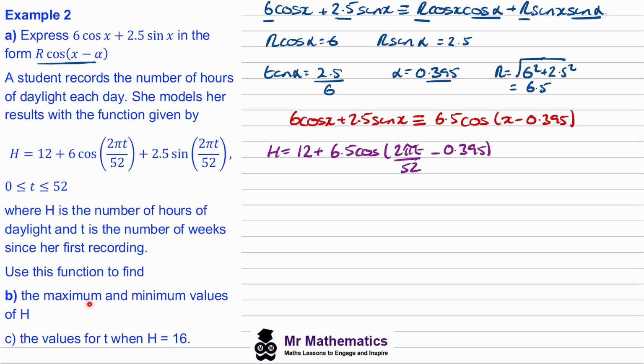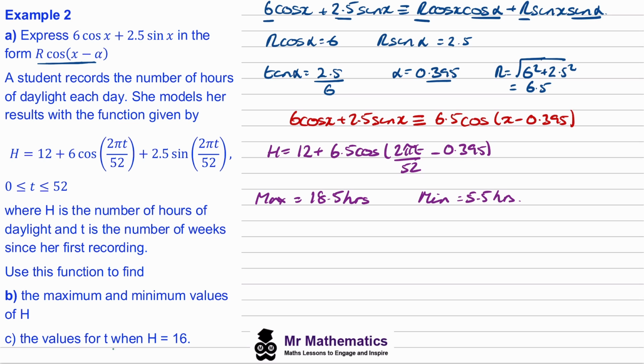To find the maximum and the minimum values of h, well again, we know that the cos will range from -1 to +1. So the maximum will be when this is +1, so we'll have 12 plus 6.5, and the minimum will be when this is -1, so we'll have 12 minus 6.5.